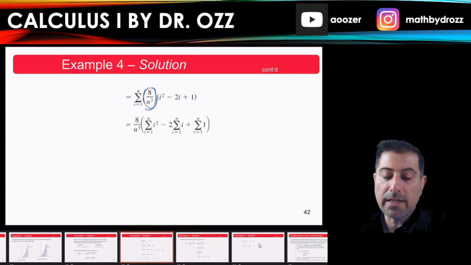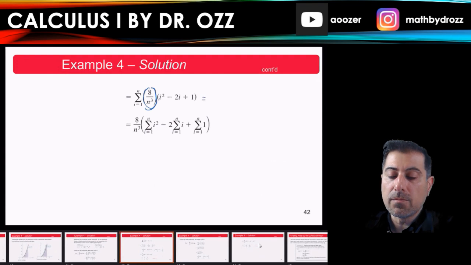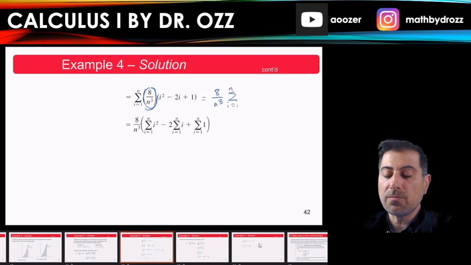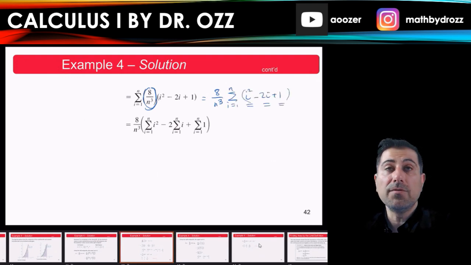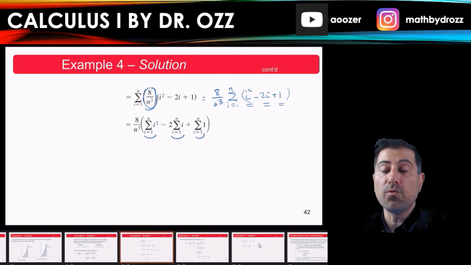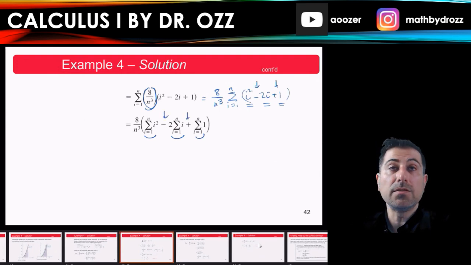Once you pull that out, you have 8 over n cubed times the summation from 1 to n of i squared minus 2i plus 1. But as you see, you have the difference or sum of some terms, so I can split this sum into 3 different sums. One sum is going to be i squared, the other one is 2 times i, and the other one is 1. And I keep the signs in between those terms here, as you see.